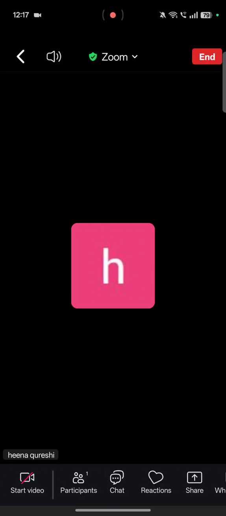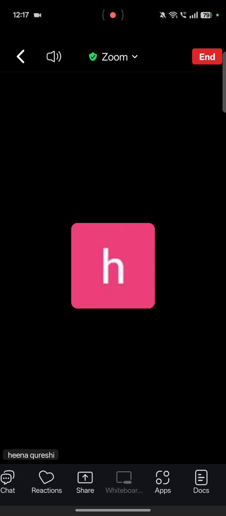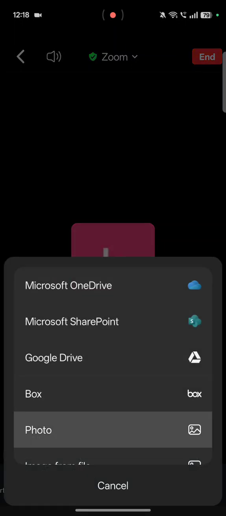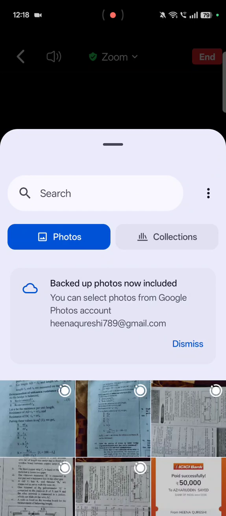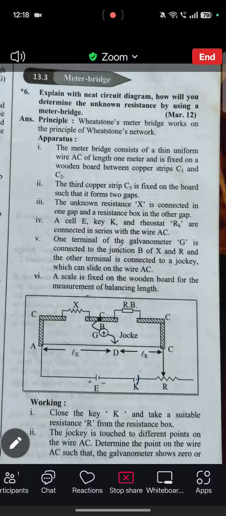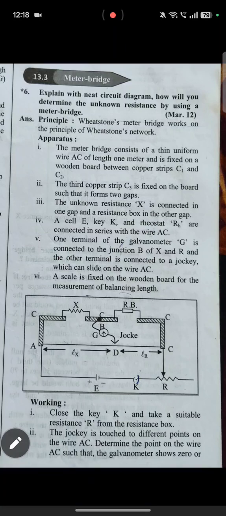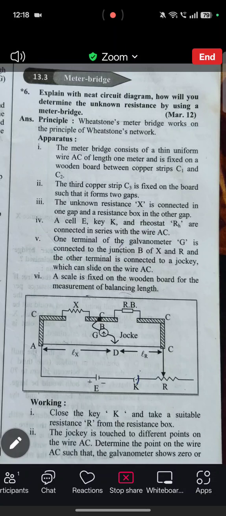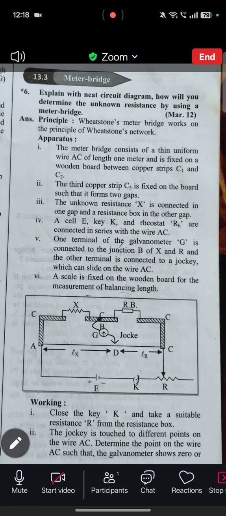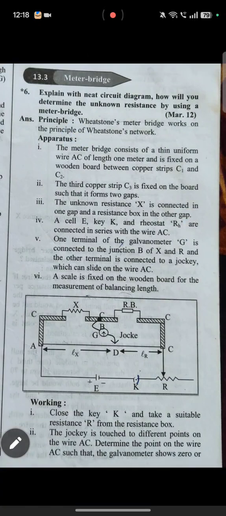Now back to the screen. I will explain how you experimentally calculate the resistance.